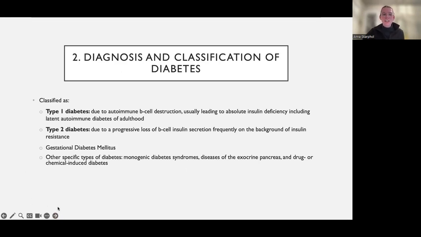Like I mentioned, we're not going to get into a lot of super specific things in this presentation. But type 1 diabetes, as we all know, is due to autoimmune beta cell destruction, whereas type 2 diabetes is a progressive loss of insulin secretion, as well as insulin resistance. And they also talk a little bit about the classification of gestational diabetes, as well as some other subsets of diabetes.